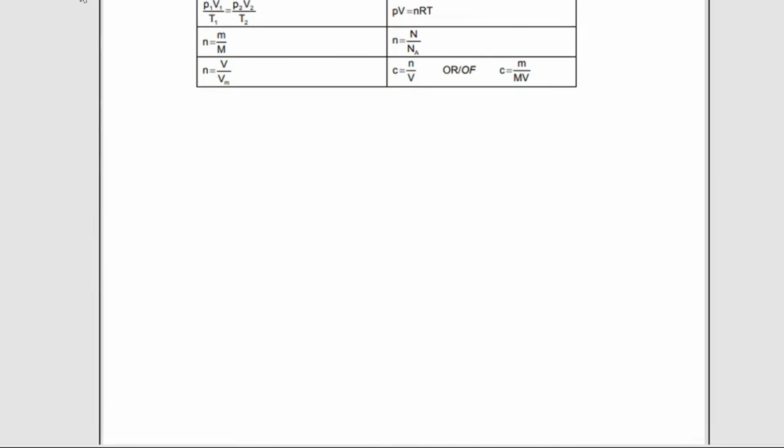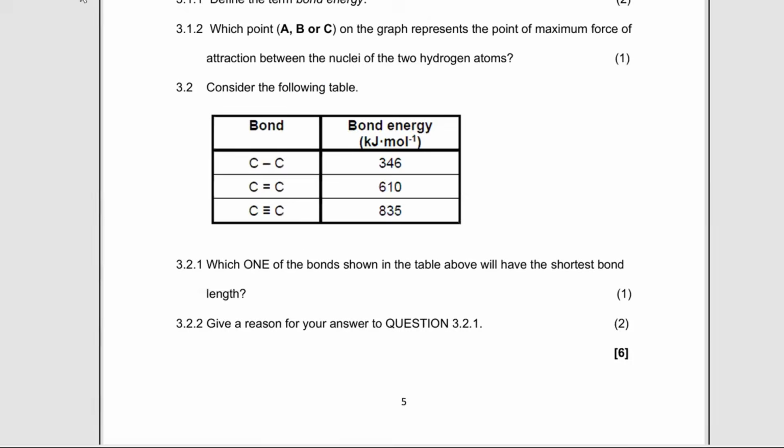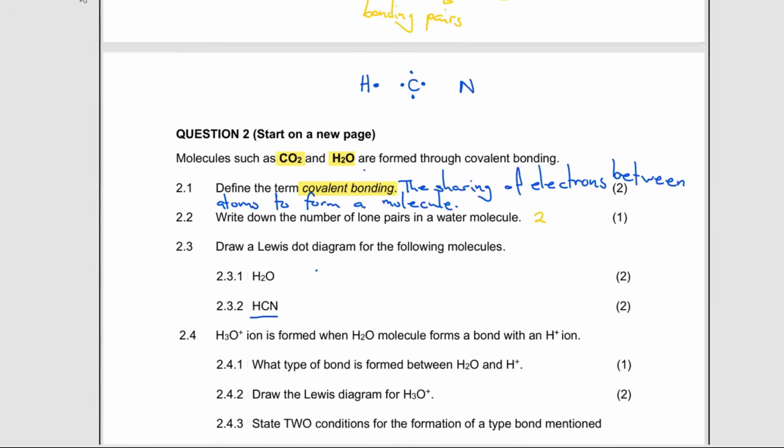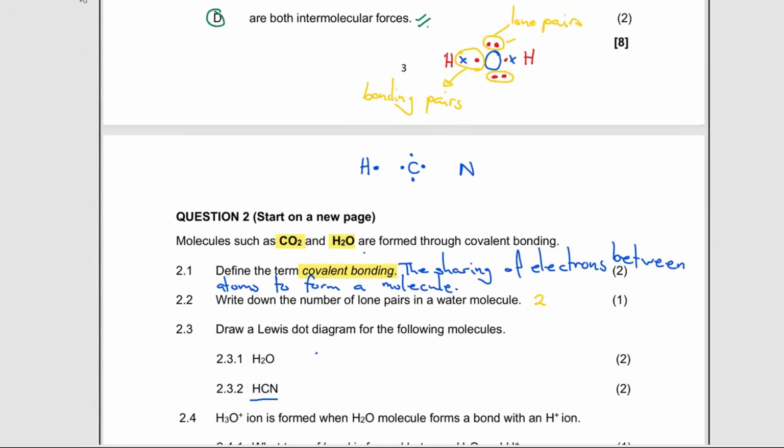So if we go back there to draw the Lewis dot diagram for nitrogen, starting with the nitrogen there, we'll find out that it has got 5 electrons on the outer shell, right? So I'm going to indicate them here: 1, 2, 3, 4, 5. In this case, if we were to refer to the lone pairs, our nitrogen has got only one lone pair. So if we were to draw this, we are going to label it like this, right? The Lewis dot diagram.